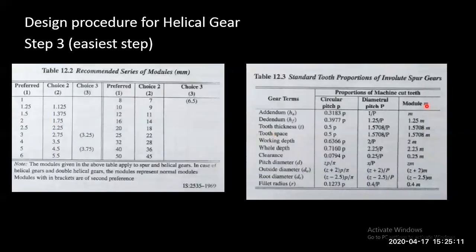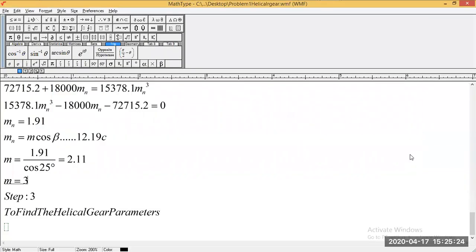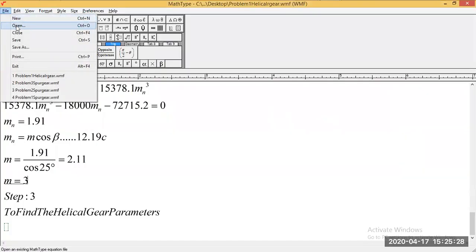Once we have got the module, go back to the presentation here. We can use these values to get the parameters, but we'll find only a few, just like how we did for the spur gear.